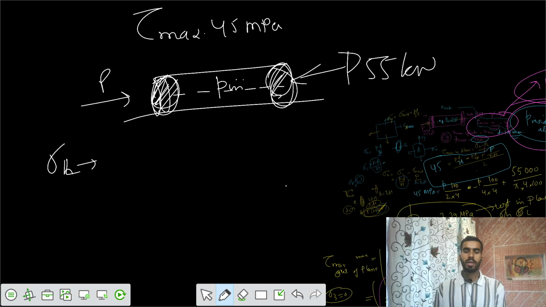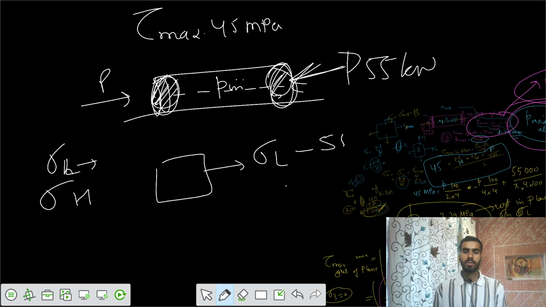So if there is internal fluid pressure, there is development of longitudinal stress and hoop stress. Along the long direction, sigma long is acting, but there is also a compressive stress of minus 55 by the area of pi dt. So we got sigma in the x direction and sigma in the y direction, and the major principal stress, sigma 1, we can write as PD by 2t.